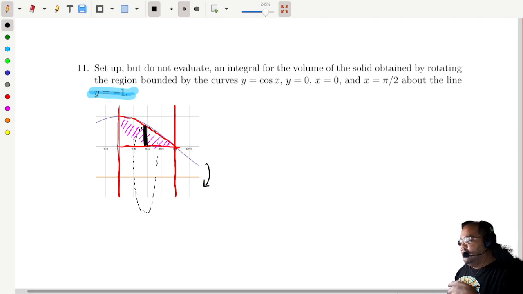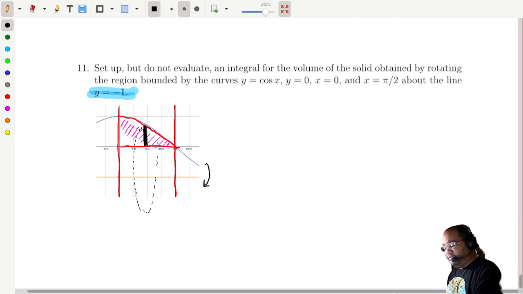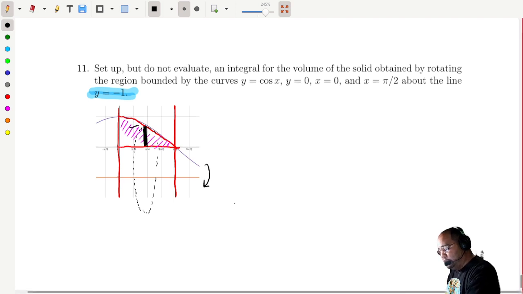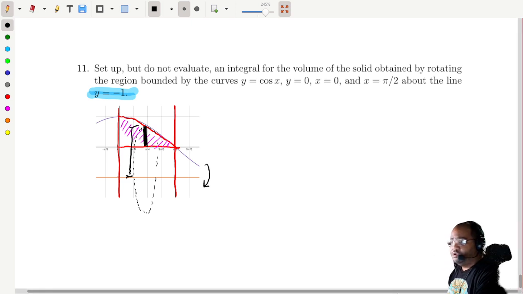Okay, well, I want to figure out the distance from the axis of rotation to the top, and the axis of rotation to the bottom. Well, let's think about where the strip is. The top of that strip hits the top boundary curve, which is cosine of x. And the bottom is the line y equals -1, which is fixed.